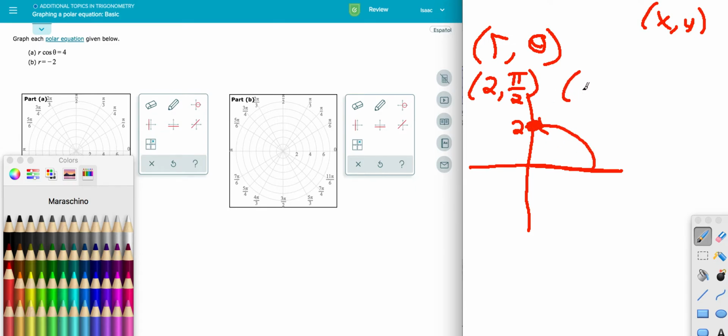And then one more point for good measure. Let's do (1, 4 pi over 3). If you convert from radians to degrees, if that helps you graph points, 4 pi over 3 is 240 degrees. I'll give you a second to double check here.